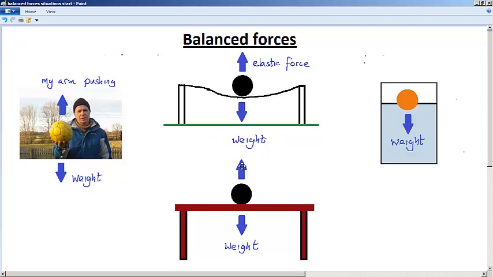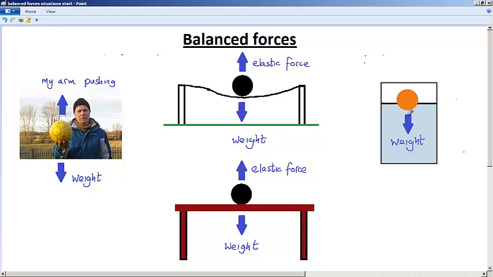Now, the only difference between this situation and that of the trampoline is that it's very difficult to see the deformation of the tabletop because it only deforms by a small amount, whereas the rubber sheet on the trampoline is designed to stretch easily when it produces the elastic force. Okay, so let's put again the elastic force here.